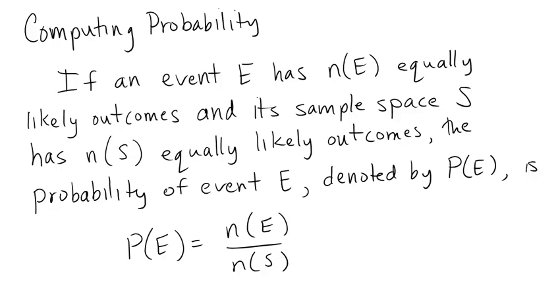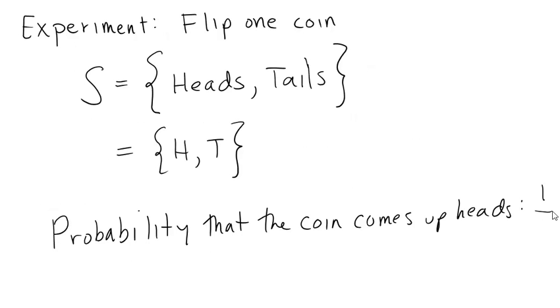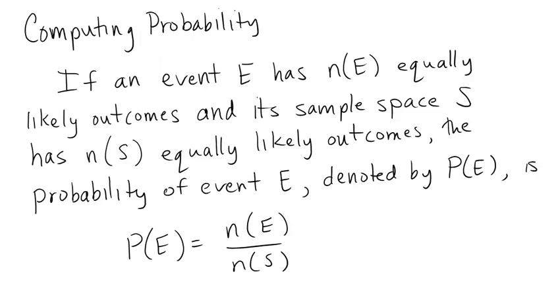That's the denominator. Going back, there are two outcomes, and so the probability is 1/2, just like you already knew. This follows your intuition. Where this is useful is where there are more than two outcomes. This isn't a very difficult example, but when the probabilities get more complicated because there are more possibilities, this definition comes into play. You'll notice that it requires that each of the outcomes in the sample space be equally likely.